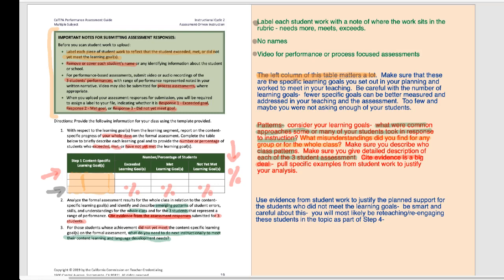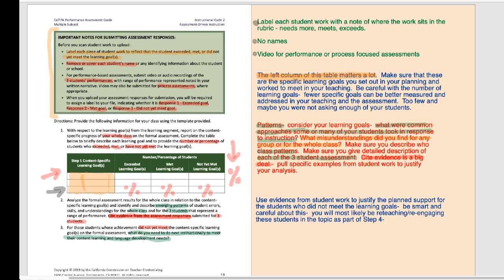Now, the evidence that you should cite are things that came from the assessment itself. Okay, you have your rubric attached to your student's work. You can pull out particular samples. You will see in number 3 that this student did this. You will see that student's response to this, and this is such and such. So I scored a, exceeds or met or whatever it is that you did.